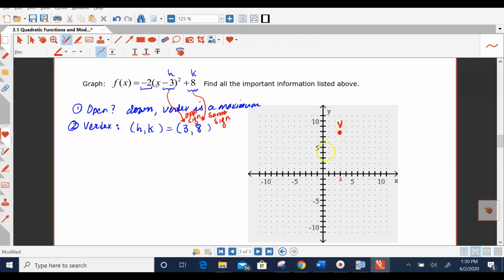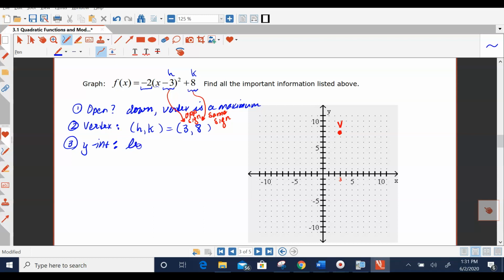It's opening down. Okay, so with it opening down, I can clearly see there's going to be a y-intercept where it crosses the y-axis. There's going to be some x-intercepts where it crosses the x-axis. So I need to find those values. So let's go with the y-intercept first.